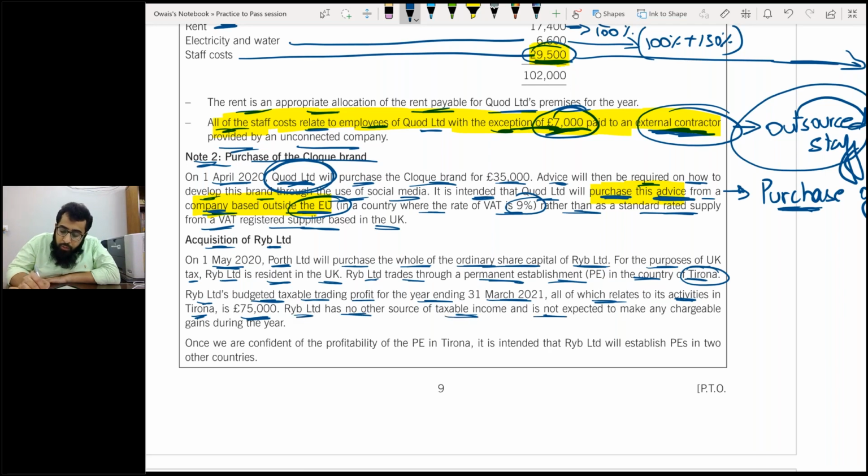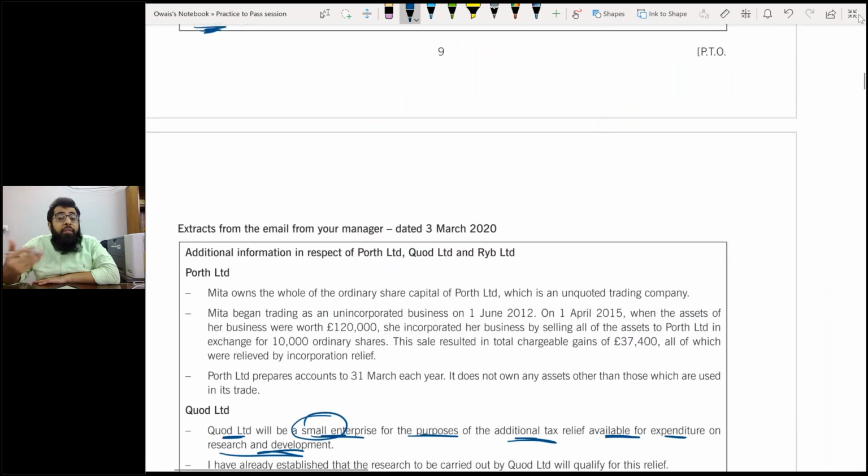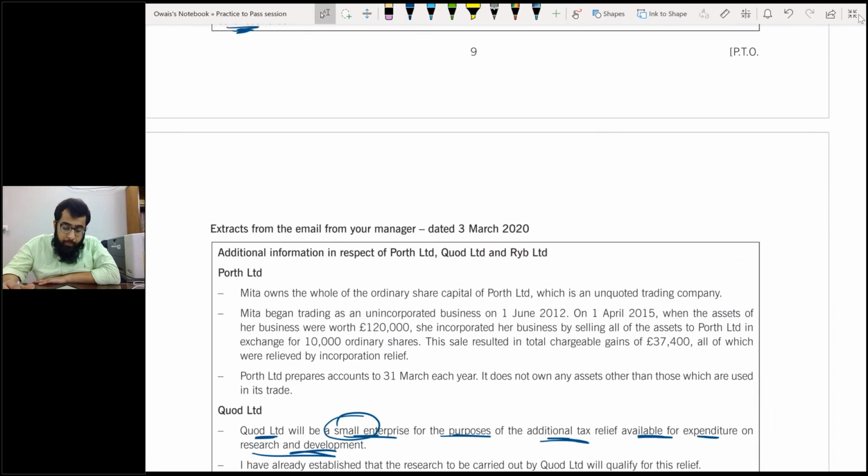RIBE Limited has no other source of income and is not expected to make any chargeable gains. Once we are confident of profitability of the permanent establishment in Tirona, it is intended that RIBE Limited will establish permanent establishments in 2 other countries. Let's read further and find out what the examiner wants from us.